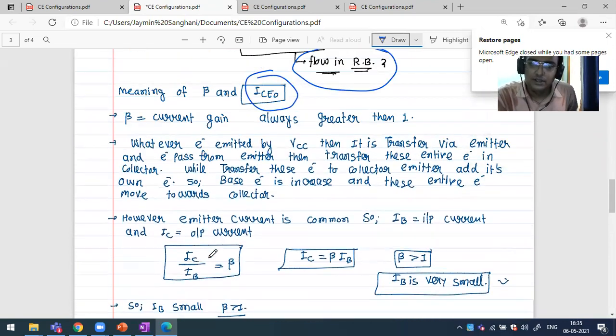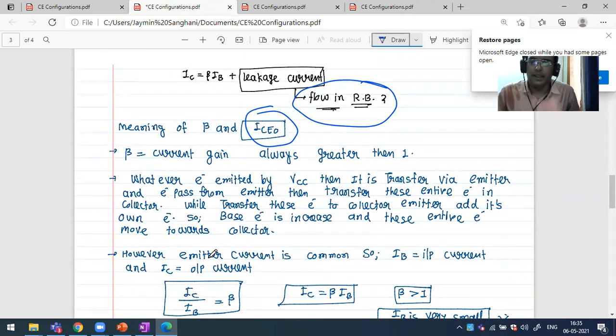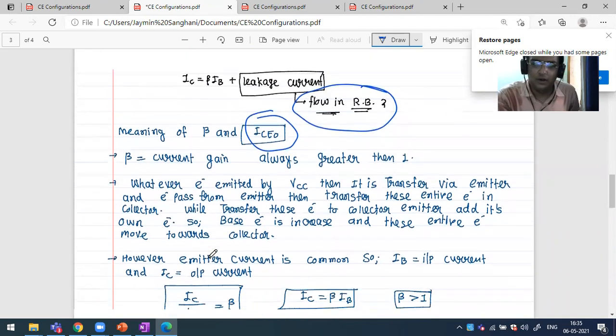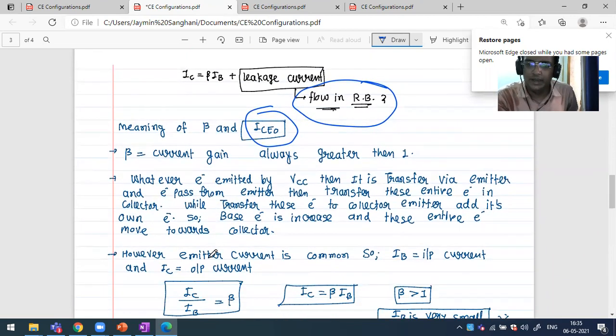See this, the meaning of beta and ICEO. Beta is known as the current gain, which is always greater than 1. Whatever electrons are emitted by VCC are transferred via the emitter, and then this entire electron flow is transferred to the collector.